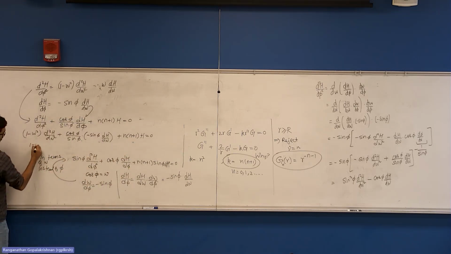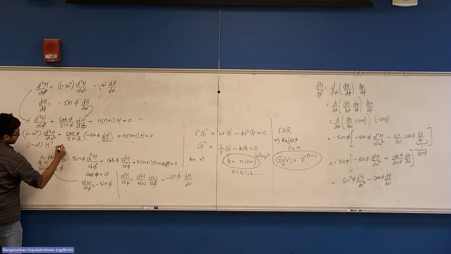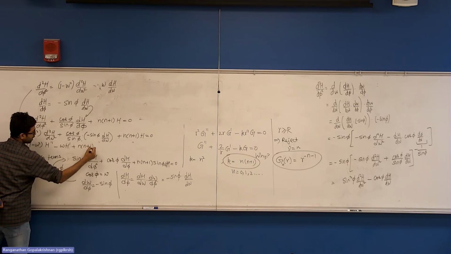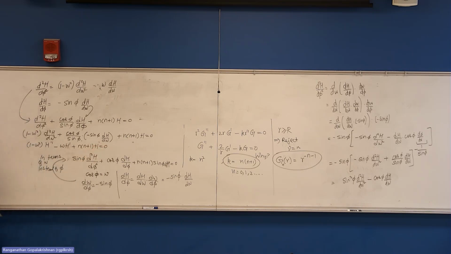So this is 1 minus w squared h double prime minus w h prime plus n times n plus 1 times h equal to 0.